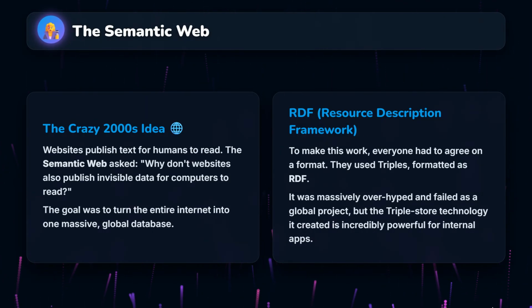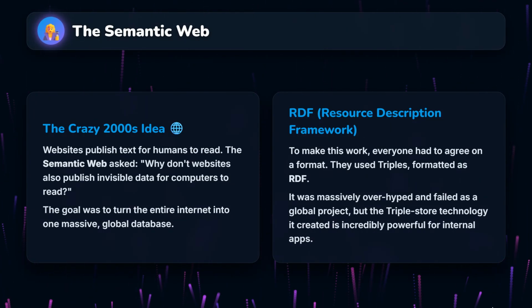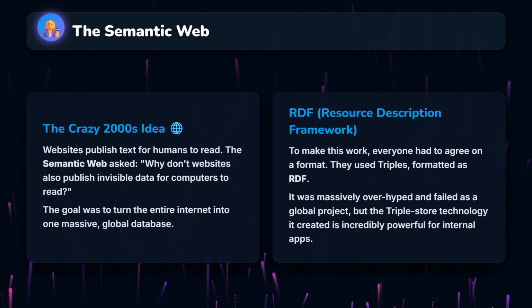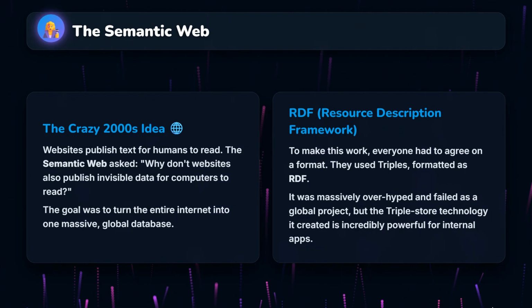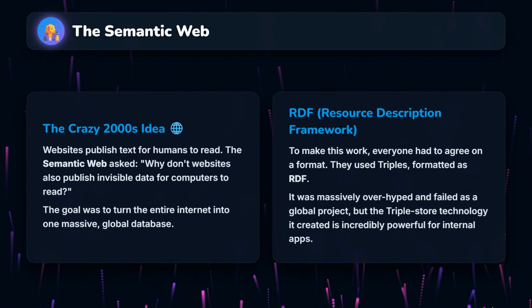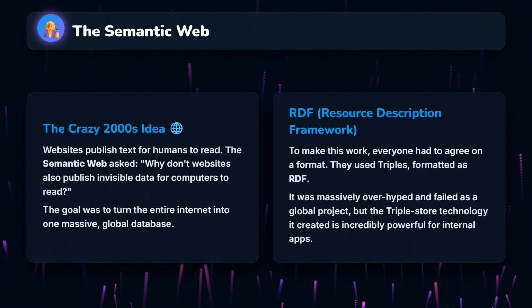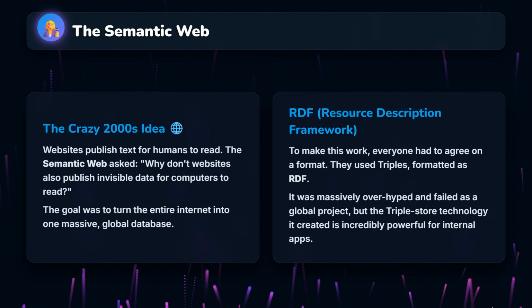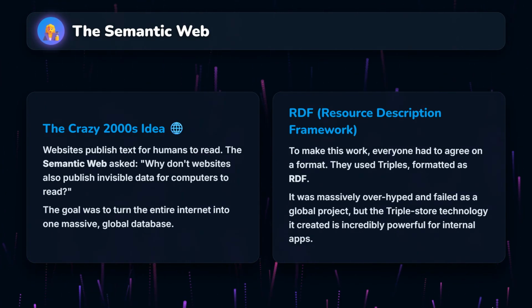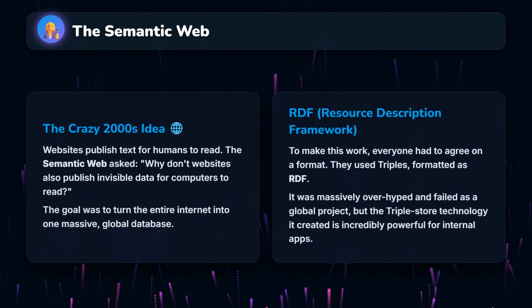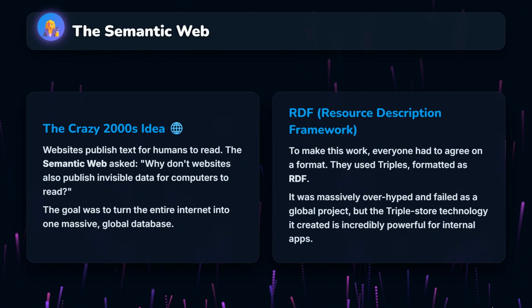People became very cynical about it. However, if we ignore the failure of the internet-wide project, the RDF triple store technology they created is actually brilliant. And developers still use it to build incredibly powerful internal databases today.